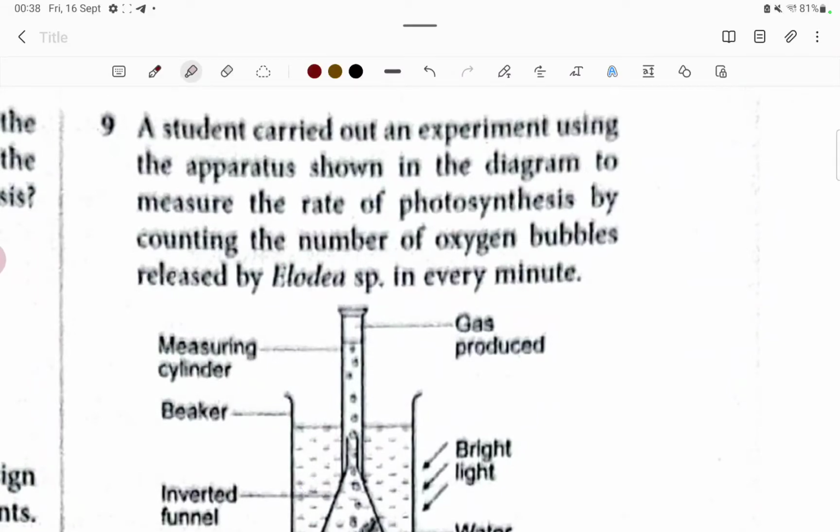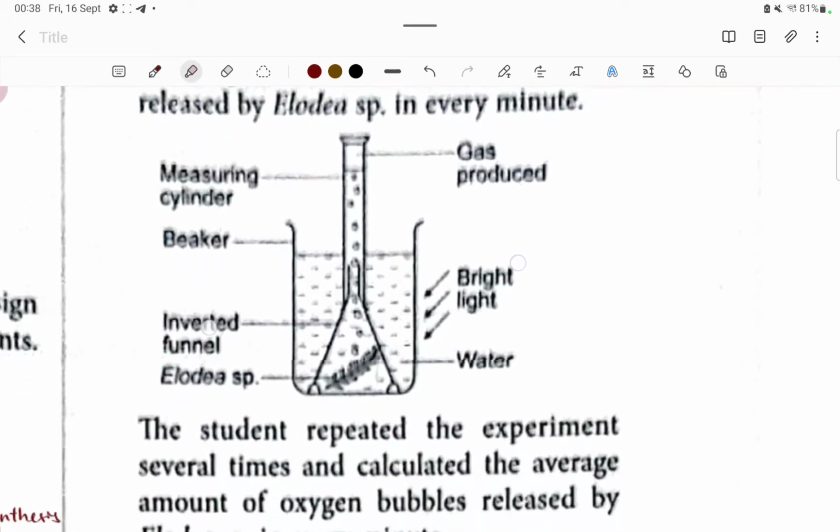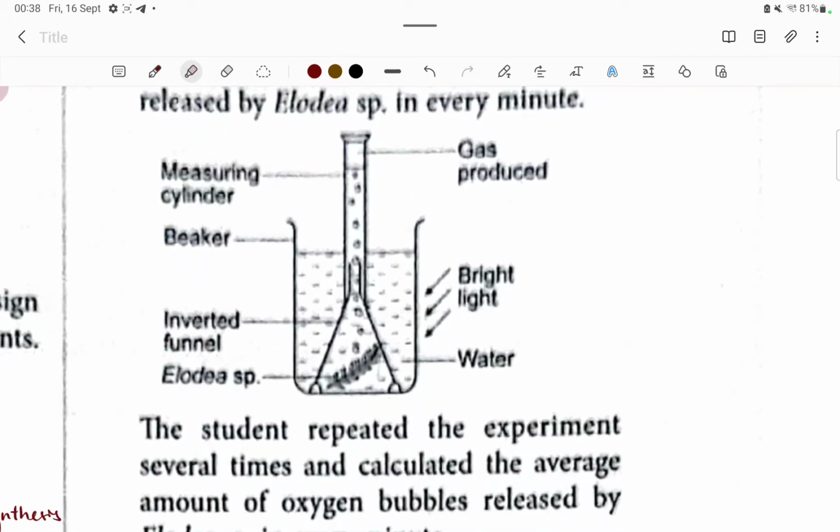A student carried out an experiment using the apparatus shown in the diagram to measure the rate of photosynthesis by counting the number of oxygen bubbles released by the aquatic plant every minute. Okay, this is the setup. Measuring cylinder, beaker, and an inverted funnel. This is the plant. And then bright light. These gas bubbles actually mean that oxygen is produced.